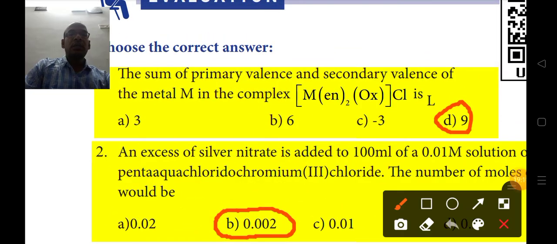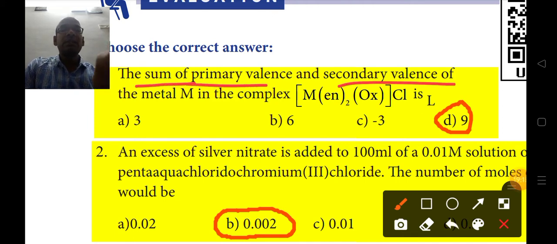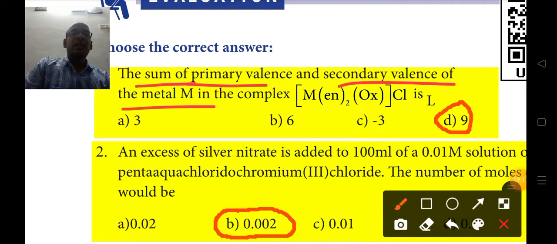The sum of primary valency and secondary valency of metal M in this complex, M(en)2(ox)Cl, where en means ethylene diamine and ox means oxalate, is?